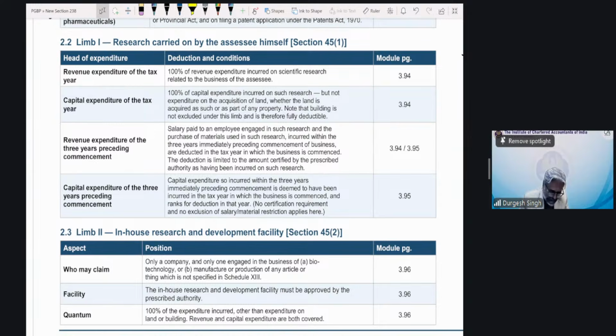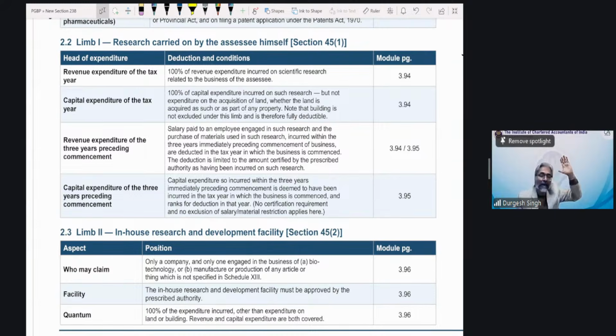As on 31st of March 2027, it is in capital WIP form, meaning the research building is yet to be put to use, it is not yet finalized. The research division building is yet to be constructed fully and put to use. My capital WIP expenditure till 31st March 2027 is, say, rupees 20 lakhs. Whatever is the building construction which is still in capital WIP form as on 31st March 2027, that expenditure is rupees 20 lakhs.